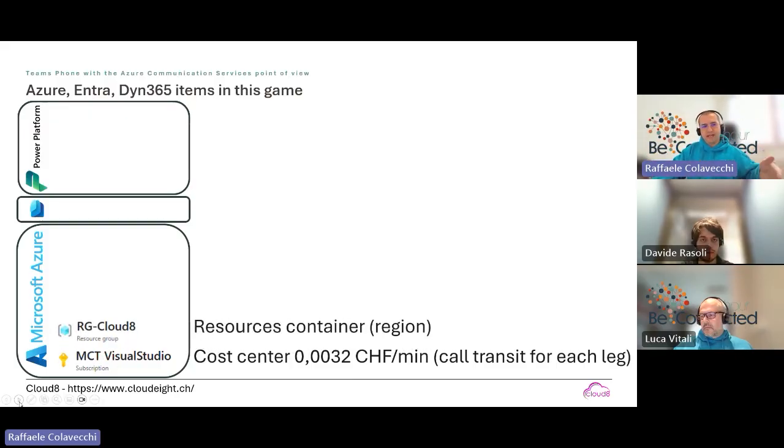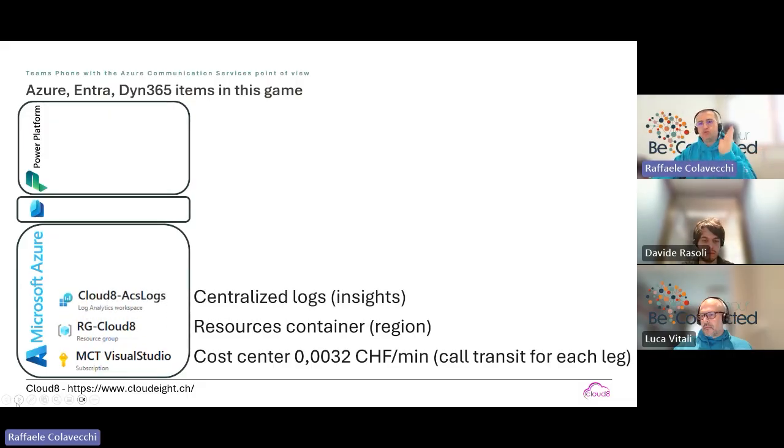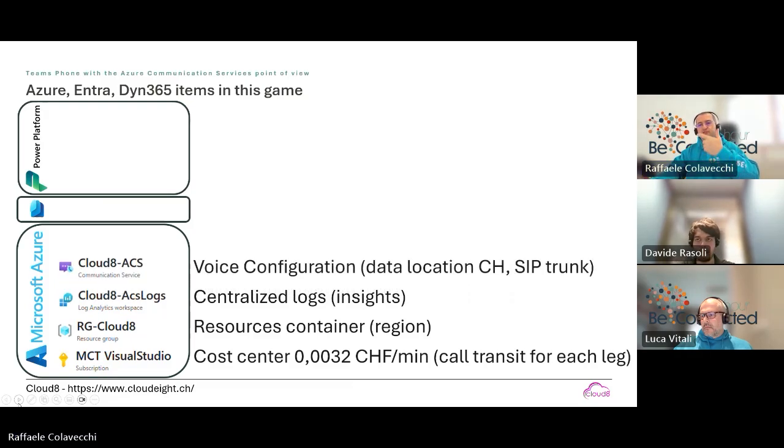You need to create a resource group. This is only a container. After this, it is best to always configure the log analytics workspace to understand and manage all logs for calls that transit into Azure Communication Service. The core service is a communication service.